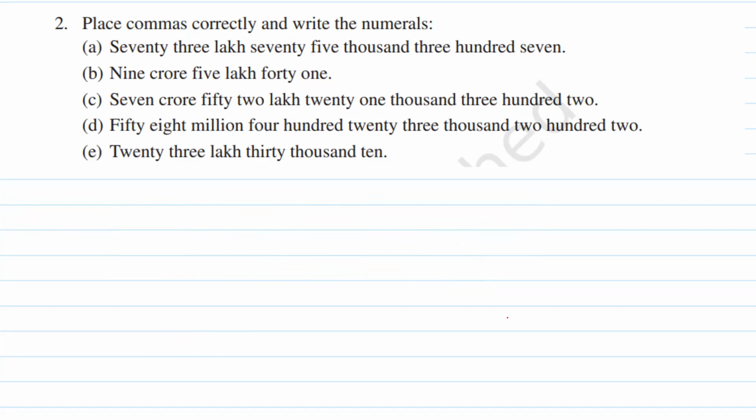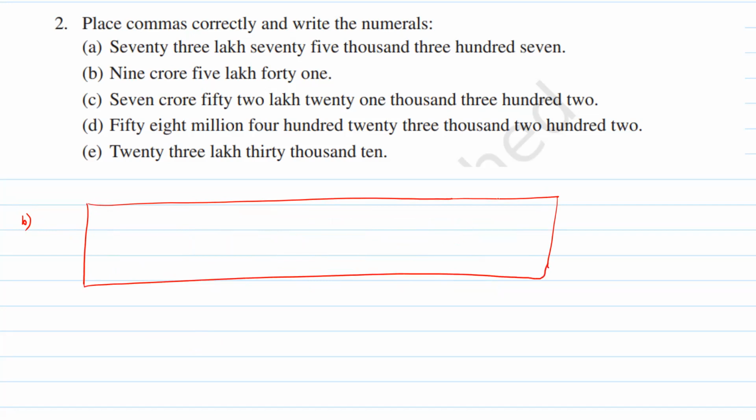The B part is saying 9 crore 5 lakh 41. Similarly, we will make the table. So it is ones, tens, hundreds, 1,000, 10,000, lakh, 10 lakh, crore, 10 crore. I have made it extra, that's fine. 9 crore.